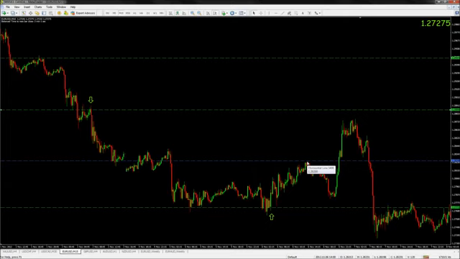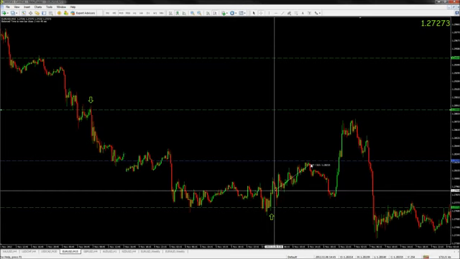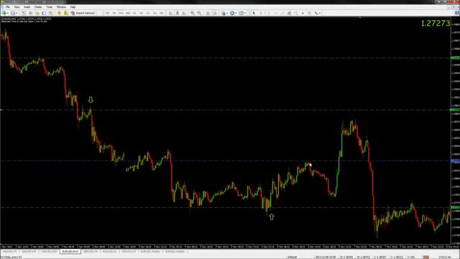Well, it was support, now it's resistance, remember guys. So now that it's being pushed up to that, you could get about 35 to 40 pips from that. Not bad, eh? Just for a small trade.